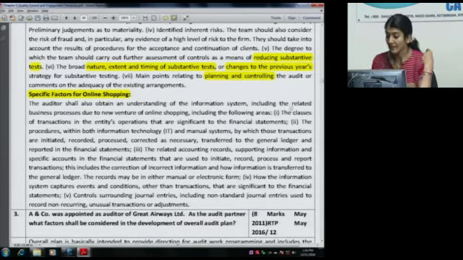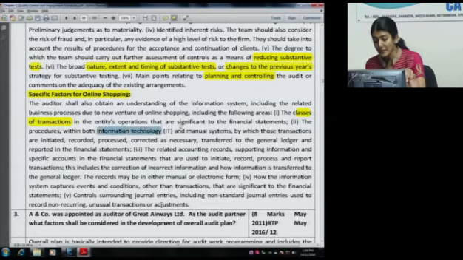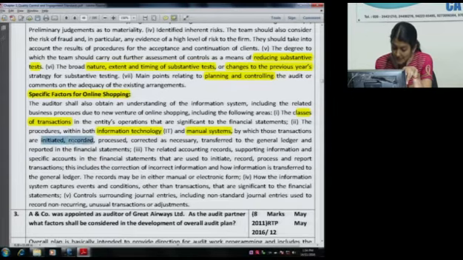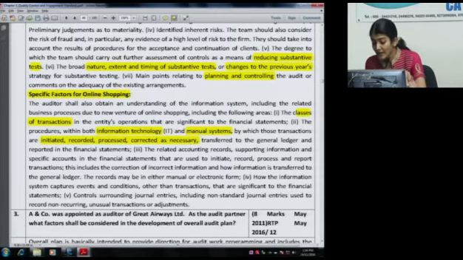So what does it say? The classes of transactions in the entity's operations that are significant to the financial statements. Then the procedures within both information technology and manual system by which transactions are initiated, recorded, processed, corrected as necessary, and transferred to the general ledger. Then related accounting records, supporting information and specific accounts in the financial statements that are used to initiate, record, process and report transactions.